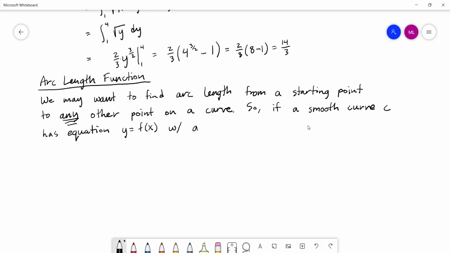with a less than or equal to x less than or equal to b being some interval on where we care about it, then what we're going to do is let s of x, that's a lowercase s, just FYI, in case it's unclear in my handwriting.